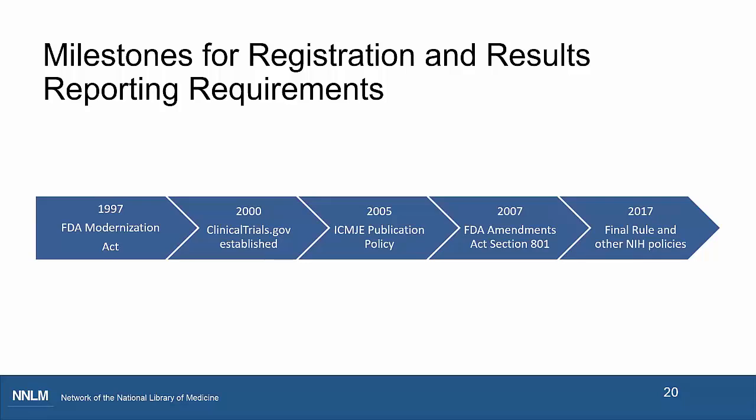Among other things, it required the National Institutes of Health to create a public database of clinical trials regulated by the Food and Drug Administration involving investigational new drugs for serious or life-threatening diseases. The resulting public database, ClinicalTrials.gov, was launched in 2000.